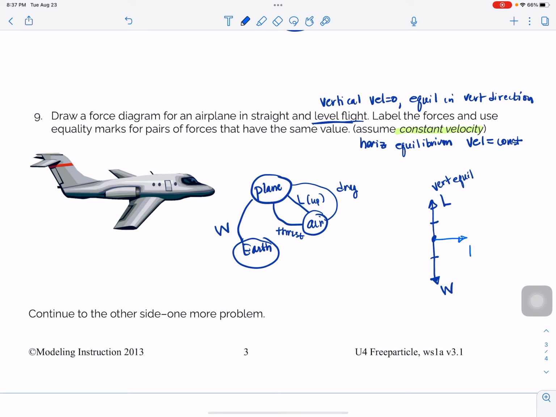I'm going to draw it a different length because the size of the thrust is not necessarily the size of the weight or the lift. But I know that thrust is equal to my drag. I'm going to do 2 congruency marks. I know that drag is equal to thrust because I have horizontal equilibrium.